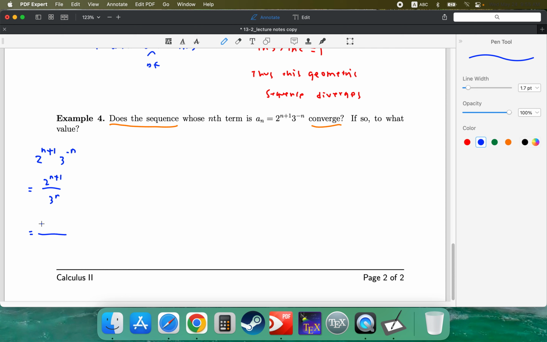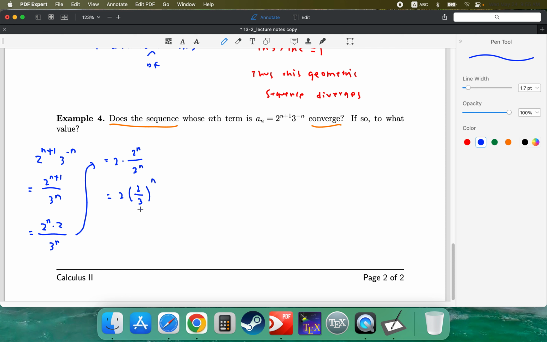That means we can write it as 2 to the n times 2 over 3 to the n. Since 2 is a constant, I can write it as 2 times 2 to the n over 3 to the n. And finally, because they have the same power, I can combine it as 2 over 3 to the nth power.